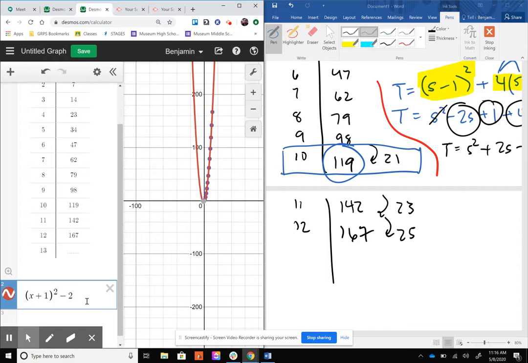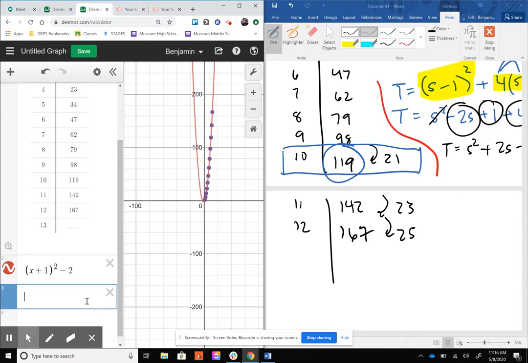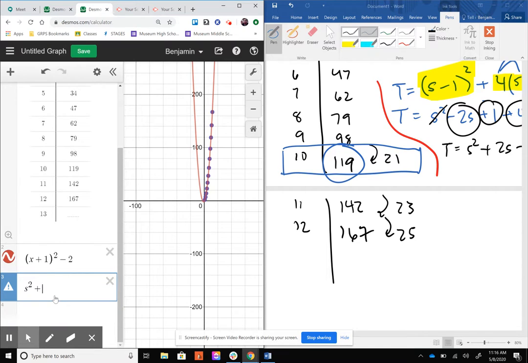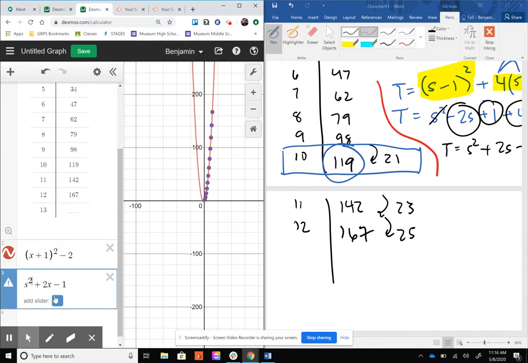So this looks different than what we have written though, right? Like I wrote out t equals s squared plus 2s minus 1. If I were to write that out again, it's s squared plus 2s minus 1. It doesn't like s, so let's give it an x instead.